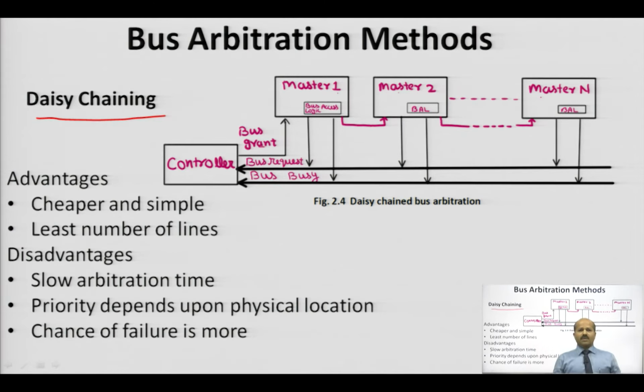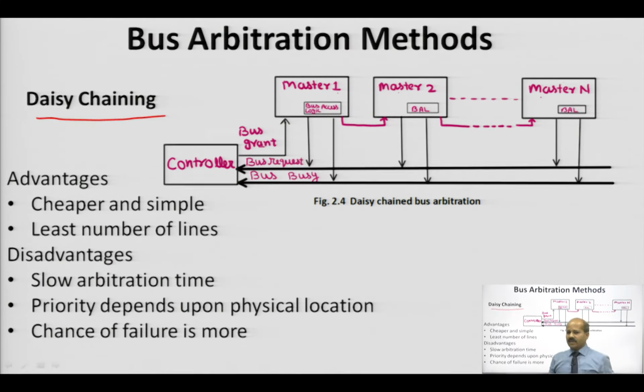This method is very simple and cheaper, and very few lines are required, but there are a few drawbacks of this method. We will talk about this. Here components are connected through common lines, bus request and bus busy, and they put their request to the bus request channel, but it is the responsibility of the controller to issue the bus grant signal.